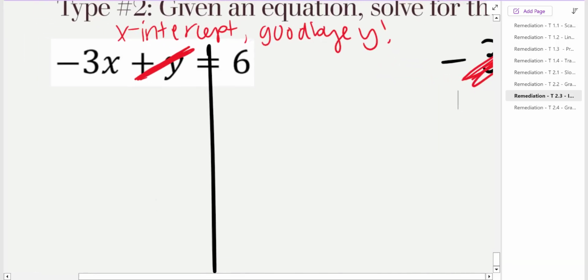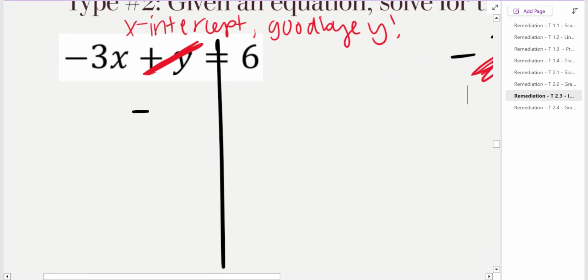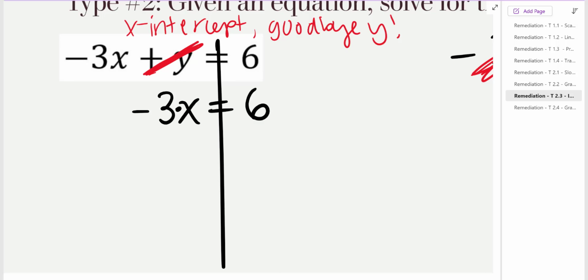Okay, so for the x-intercept first, we have negative 3x equals 6. This is multiplication. The opposite is division. So the opposite is division. If we want x alone, we have to get rid of the negative 3.